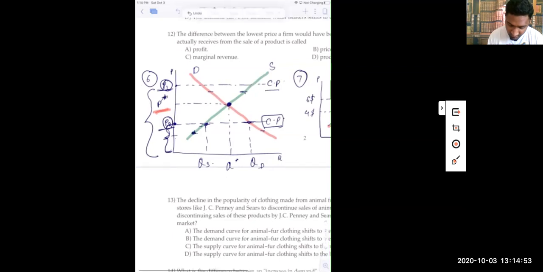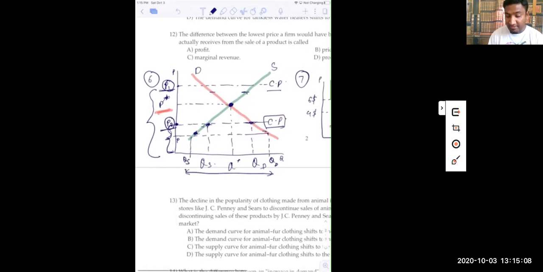So here, suppose this is your actual price that you set. What is happening here? There is a huge gap between quantity demanded and quantity supplied. This is the resulting gap. It means that there is a huge shortage, right?